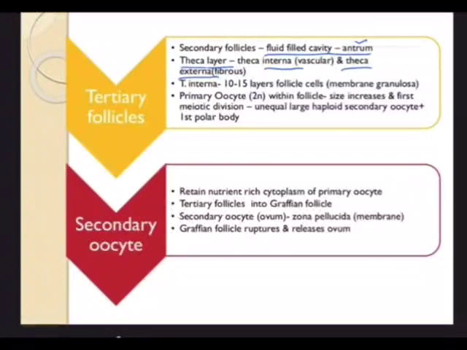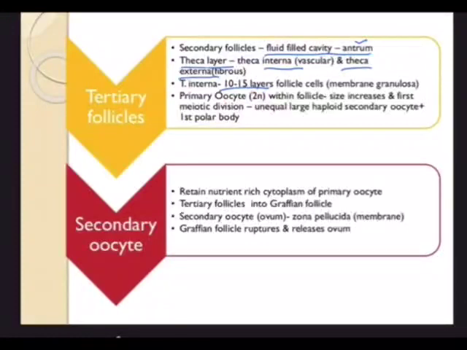The tertiary follicles will have 10 to 15 layers. The primary oocyte within the follicle increases in size, and meiotic division takes place. An unequal, large haploid secondary oocyte and the first polar body will be formed.